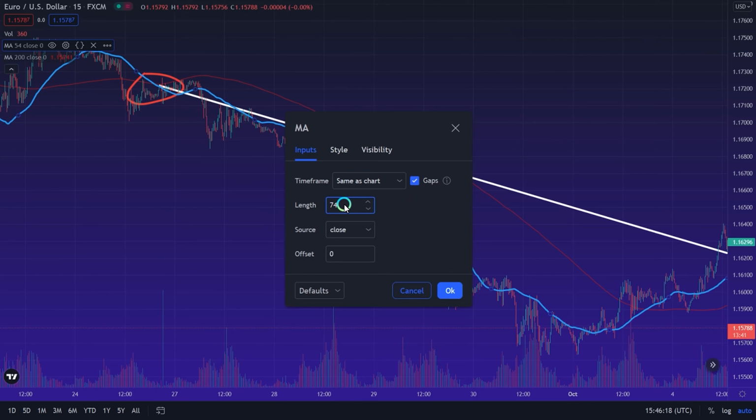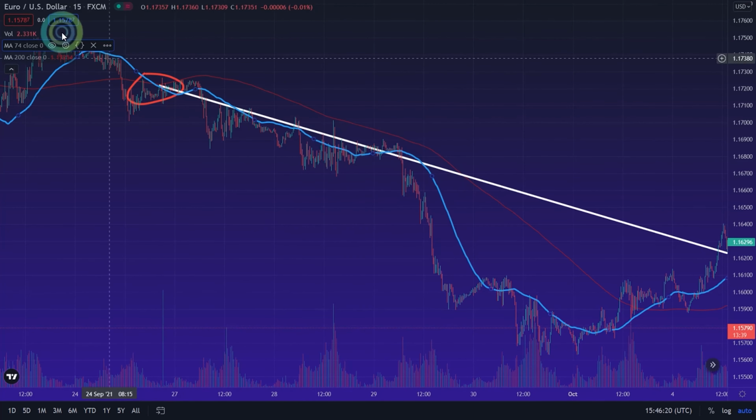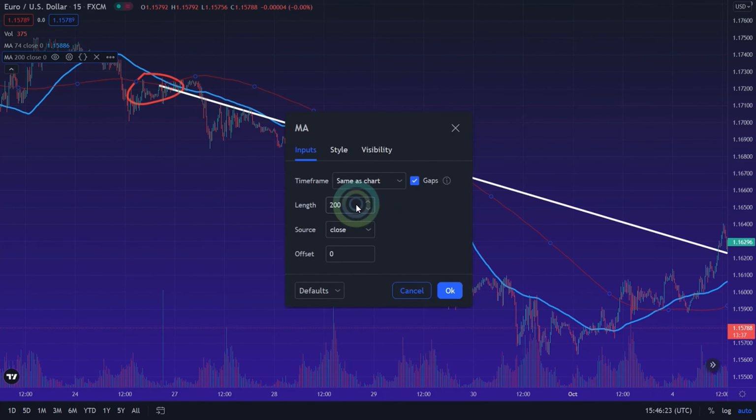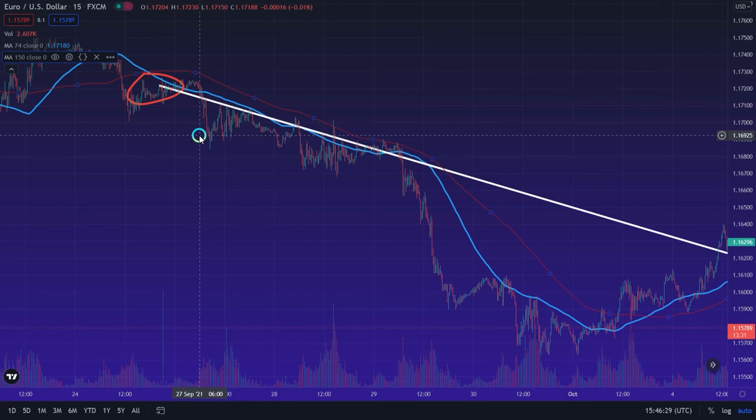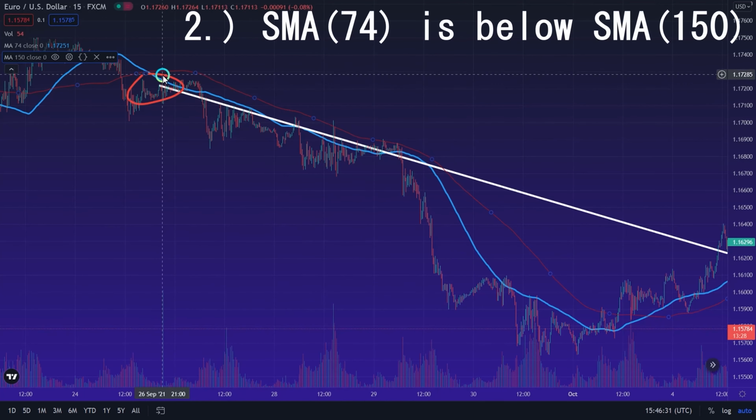The second rule is that we will need a 74 period simple moving average, and we will need a 150 period simple moving average. And the rule is that the smaller simple moving average has to be below the bigger simple moving average, so the blue line has to be below the red line, and here it is perfect for us, so our second condition is checked as well.